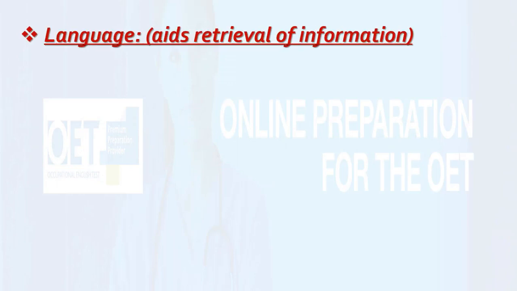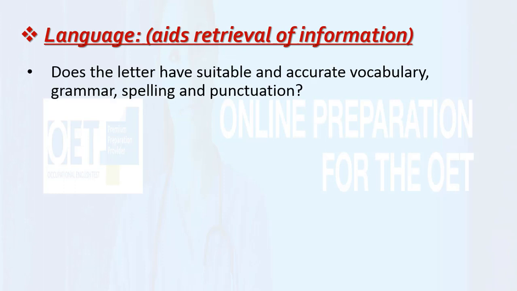And the last criterion we have now is the language, which helps retrieval of information. So does the letter have suitable and accurate vocabulary? Does it have suitable grammar? Is the spelling or the punctuation clear enough, correct and accurate? All of these things affect the general understanding.